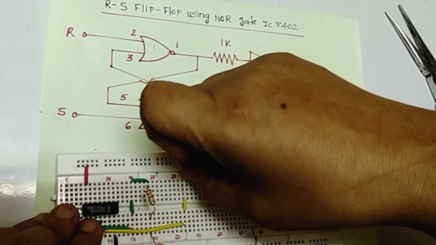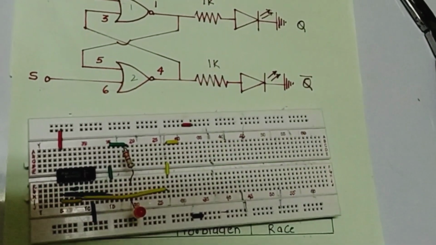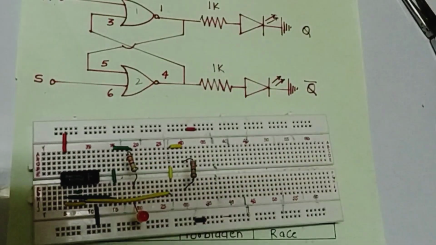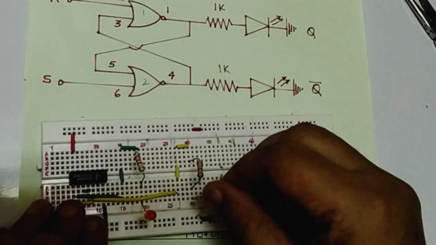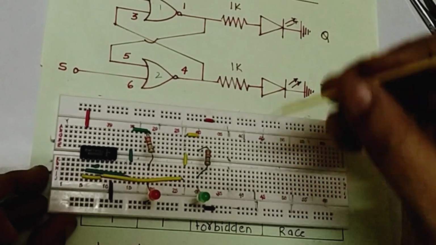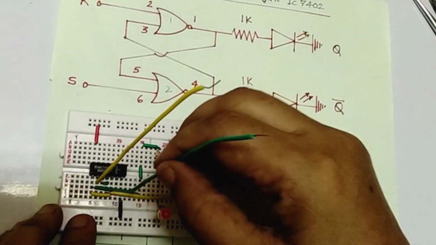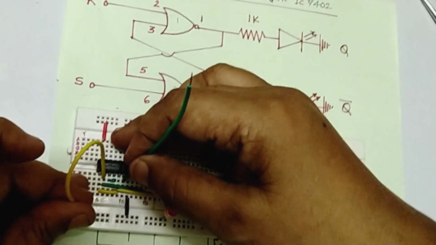We are connecting here, and this is your resistor again, 330 ohm, connected in series. And again this is the anode and cathode, cathode is down. Okay, two inputs are there, pin number 2 and pin number 6. Both we are connecting to 0, 0.